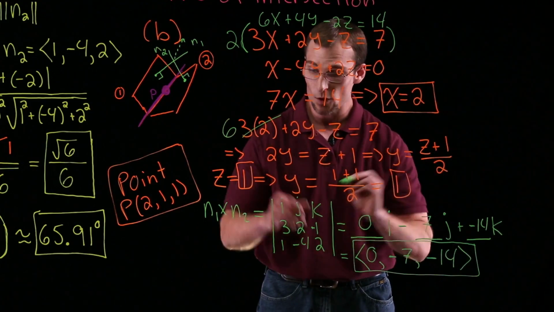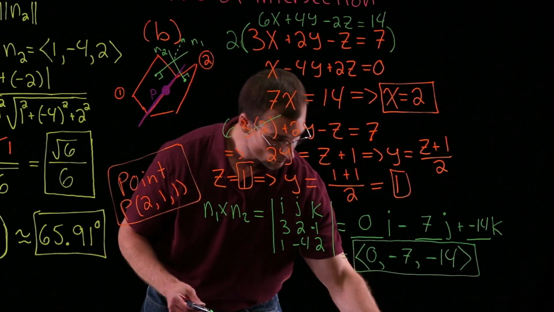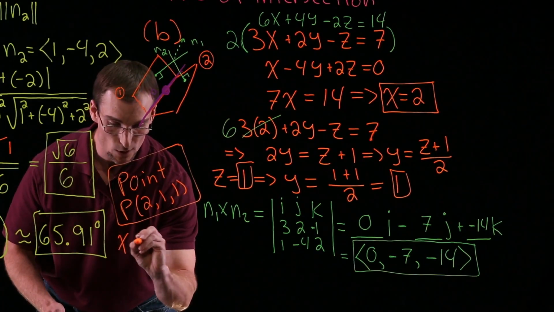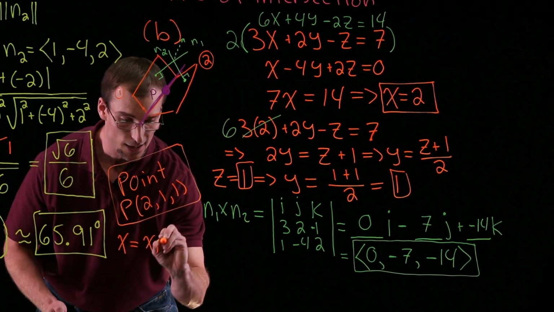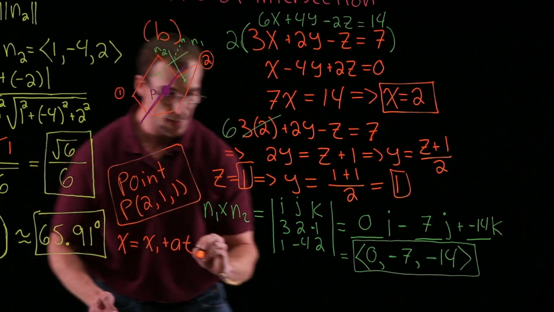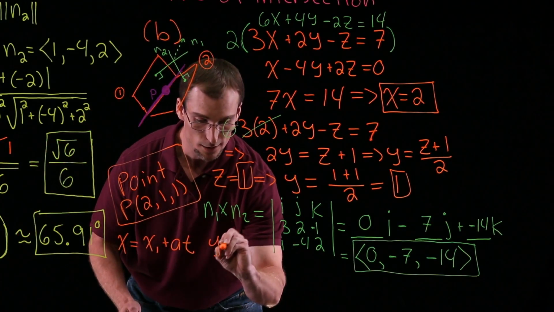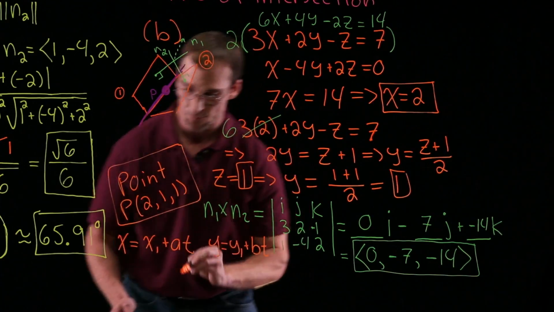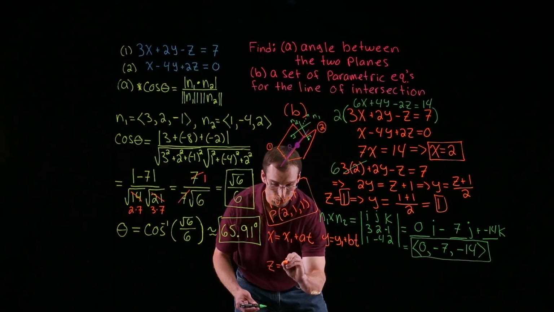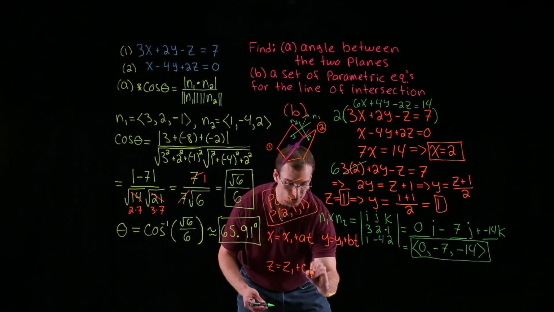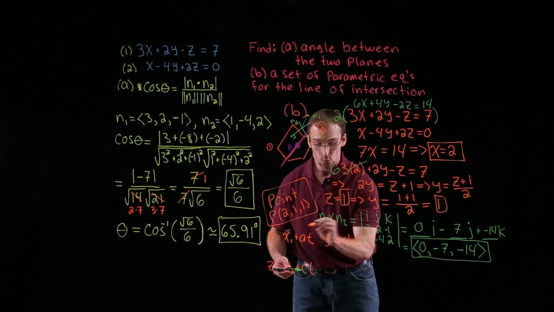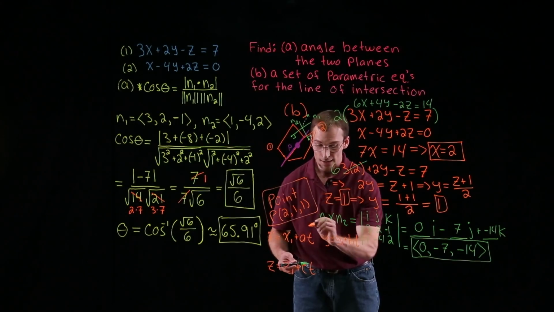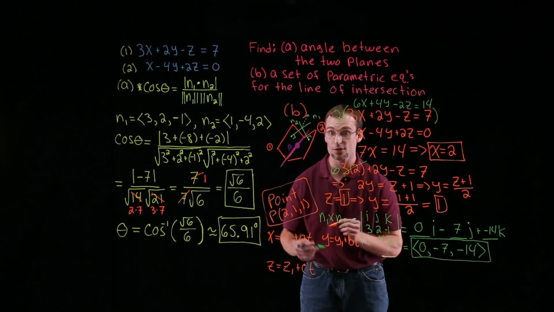Now to put this into practice. For our parametric equations, we're going to have x equal to x1 plus a times t, y equal to y1 plus b times t, and z equal to z1 plus c times t, where x1, y1, and z1 are the coordinates of the point on our line, and a, b, and c are the components of our direction vector.